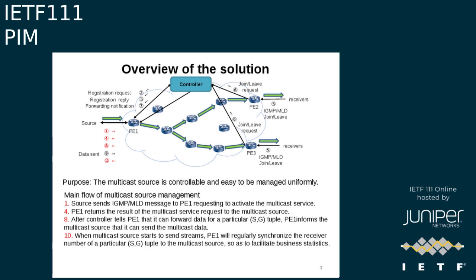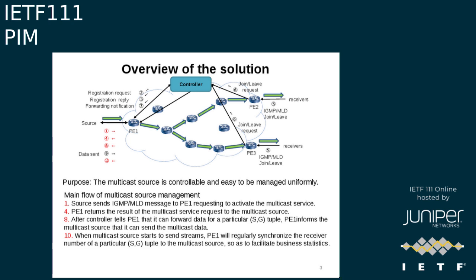Step 5, receivers send IGMP or MLD messages to egress routers requesting to join or leave an S,G. Step 6, egress routers send these requests to the controller.